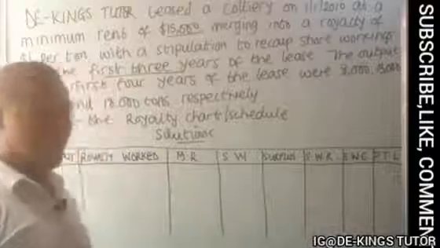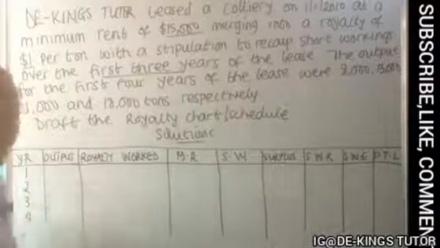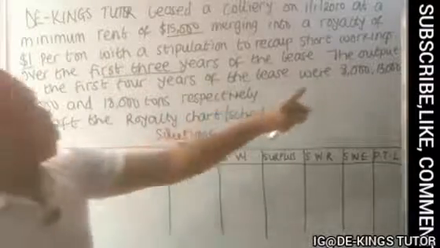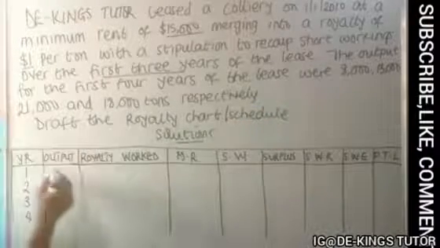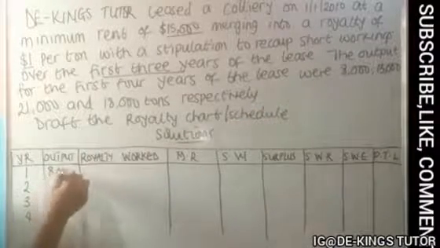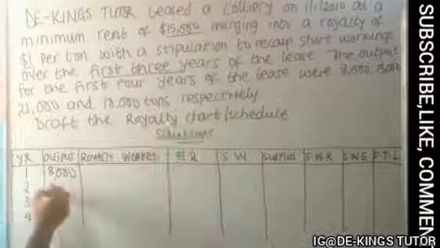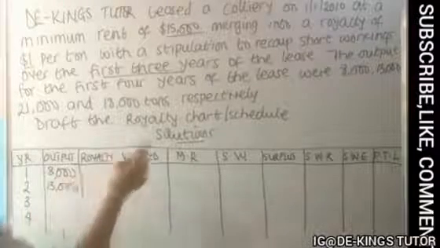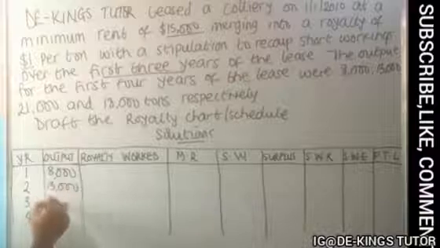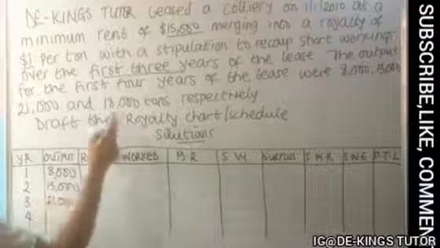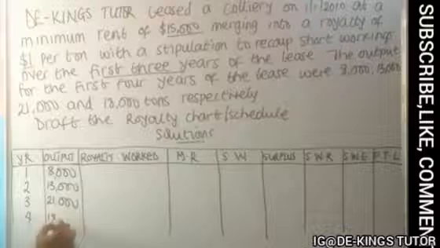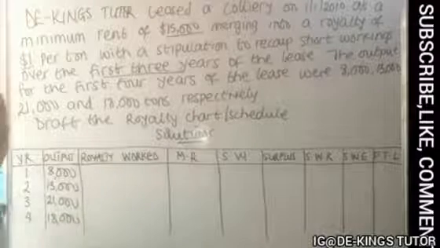Okay, in abbreviation. So the first thing you have to do, record the output. Now look at the output. The first year was 8,000. Second year is 13,000. The third year, 21,000. And the fourth year is 18,000.